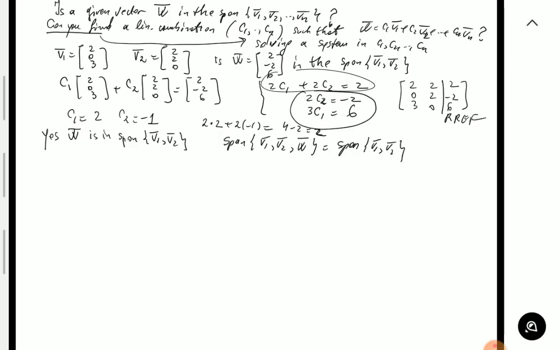Right, so it is useful to think about that. Let's actually even write it as a remark.